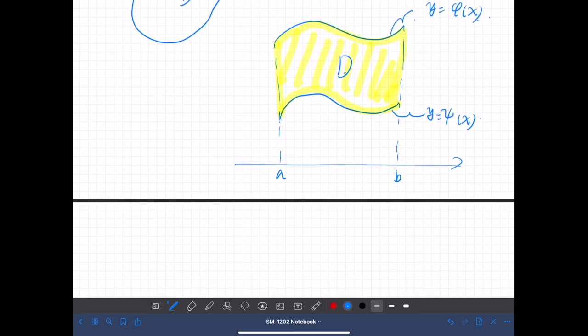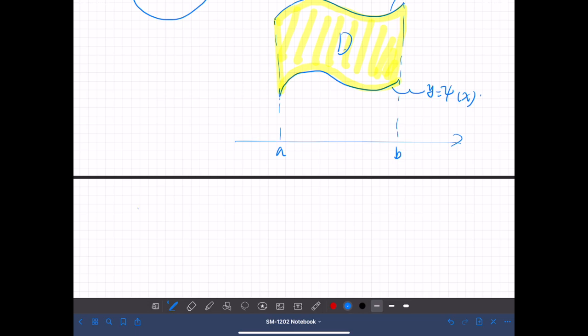Let's define this region more formally. So we consider such a region, which is a set of points on the plane where x is between a and b, and y is between some functions of x.